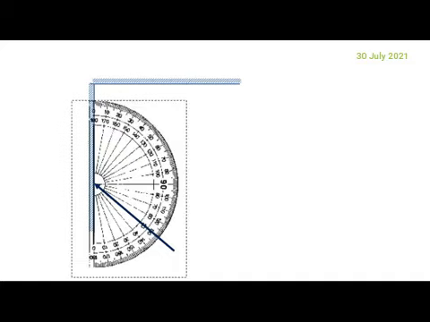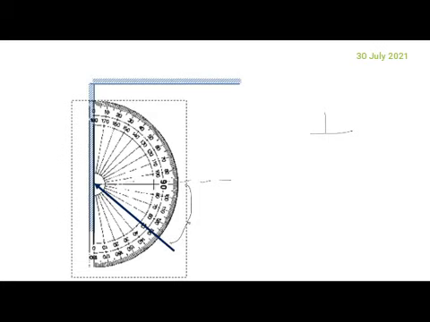You have to keep a protector here, right? And then see what the normal is here. This is supposed to be the normal. And what is normal? Normal is perpendicular. Right? So this is the normal. Between the normal and the incident ray, how much is the angle?